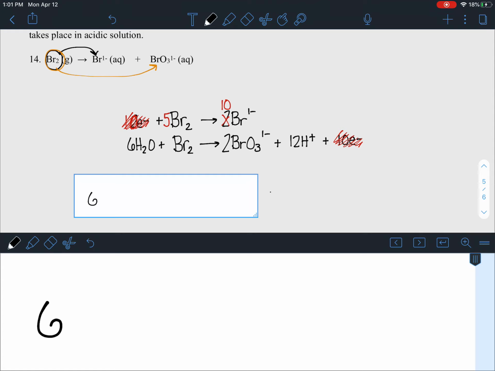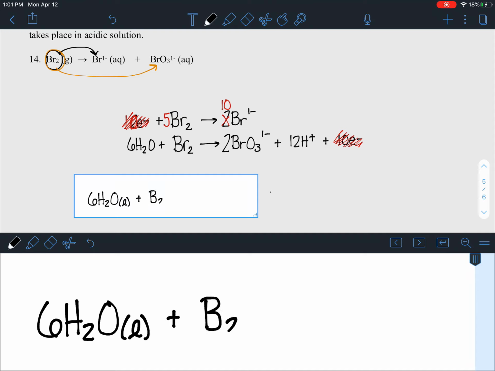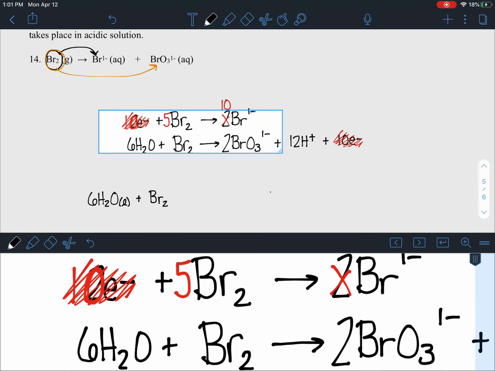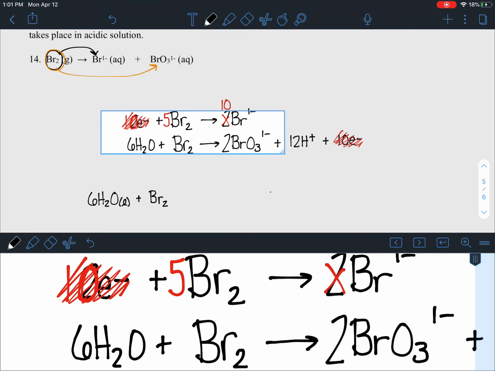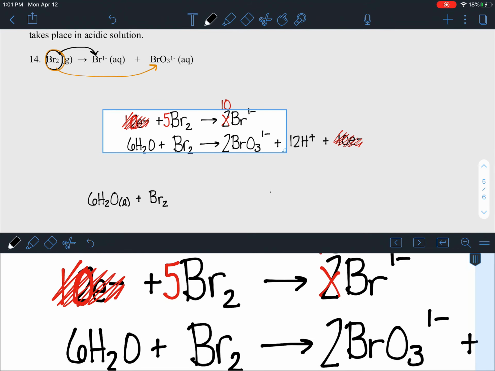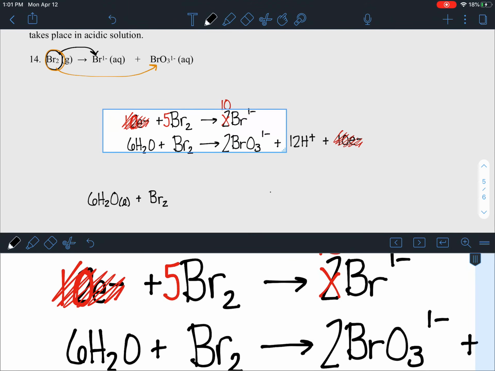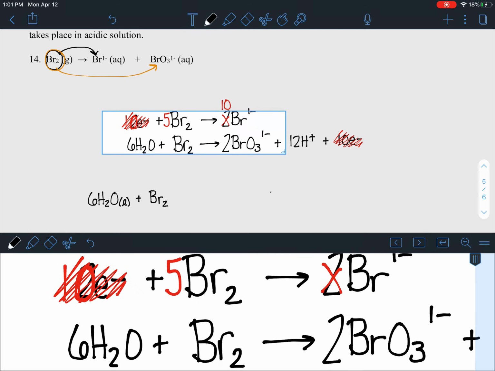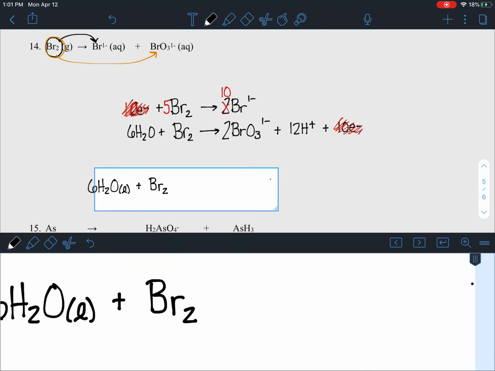So we have 6 waters, and we'll put a liquid symbol on that, plus Br2 gas, should be Br2. Now when I'm looking at how many of them I have, this is a situation where we're going to have to add things together, because normally if they're on the opposite side, we can cancel them out. But if they're on the same side of the equation, we actually have to add them together. And we actually have 5 plus 1. So we have 6 bromines. So go ahead and put that there.